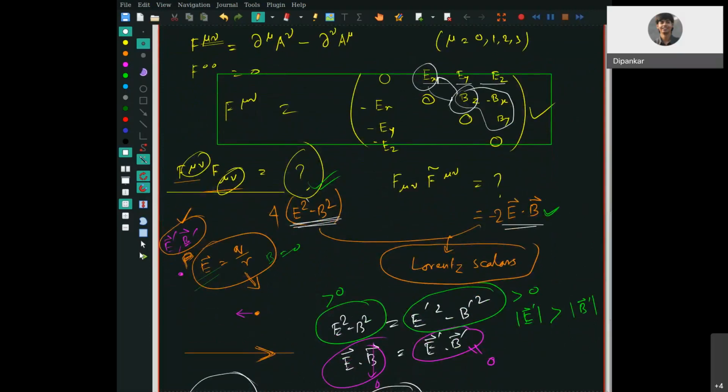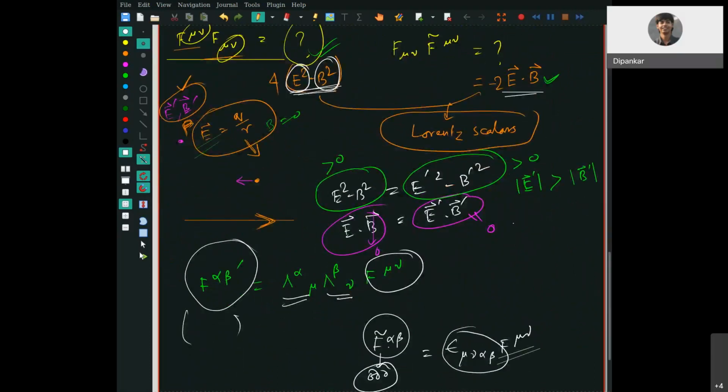This E square and B square, the magnitude of a vector is always a parity even quantity. So if you invert your axis, E square and B square do not change. Okay, but I don't know if you remember that E is a proper vector, but B is a pseudo vector.